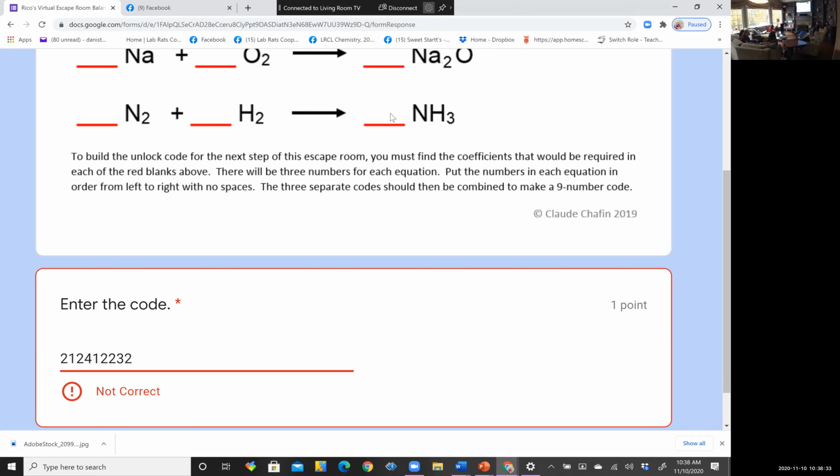Because you only put a 2, and the 2, 2, 3, 4. Okay, so if we put a 4 here, we'll have 4 N, and then we'll have 12 hydrogen. So wait a minute. If we put a 4 here, and we have 12 hydrogen, what do we need to put here? 2, 6, 4. Let's try that.